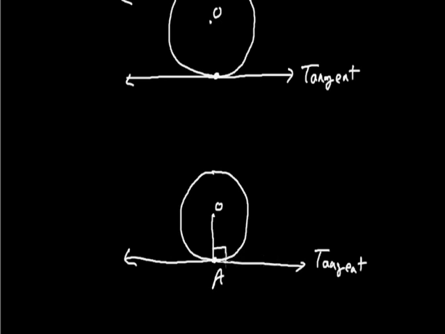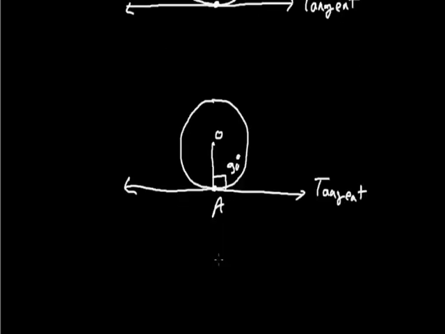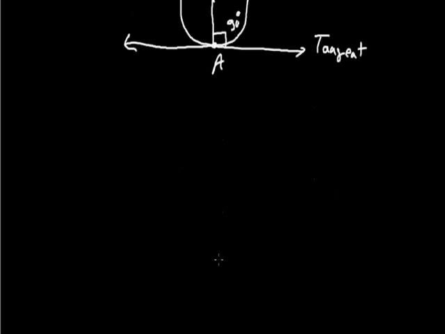Or we can say the angle between the radius and the tangent at the point of contact is always 90 degrees. So based on this we can do one problem. Let's see here.